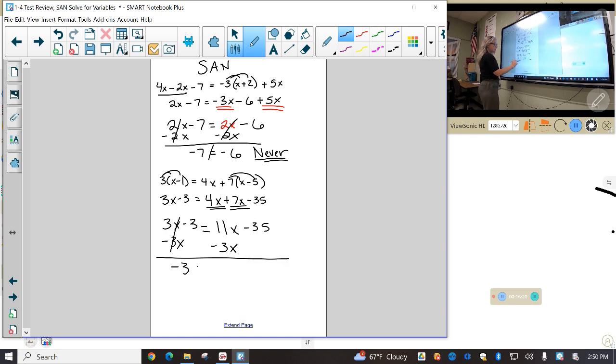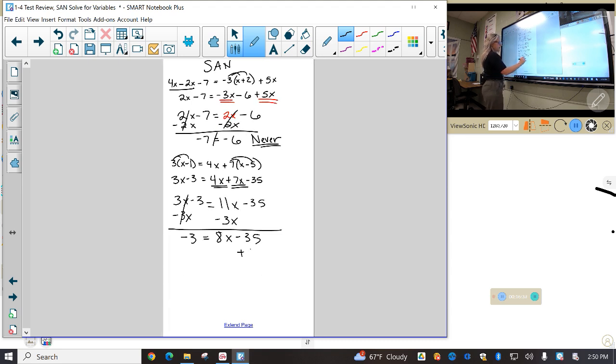So I have negative 3 equals 8x minus 35. Add 35. So I get 32 equals 8x. Divide by 8. So x equals 4. So this is sometimes true. This equation is only true when x equals 4. So we would say it's sometimes true.